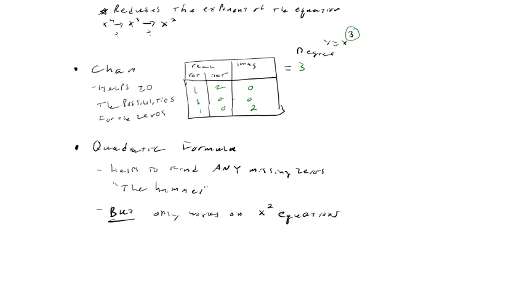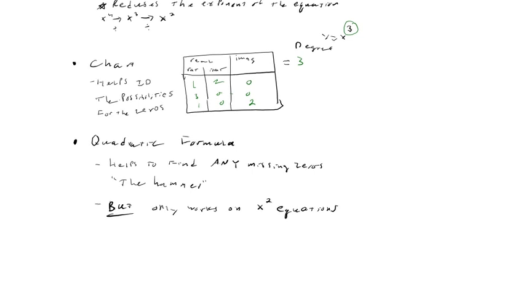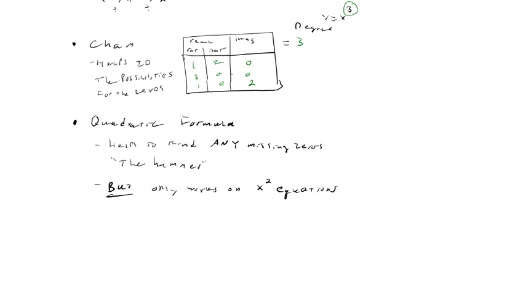And just in case you forgot, here's our quadratic formula. It finds the zeros. X equals negative b plus or minus square root of b squared minus 4ac all over 2a.